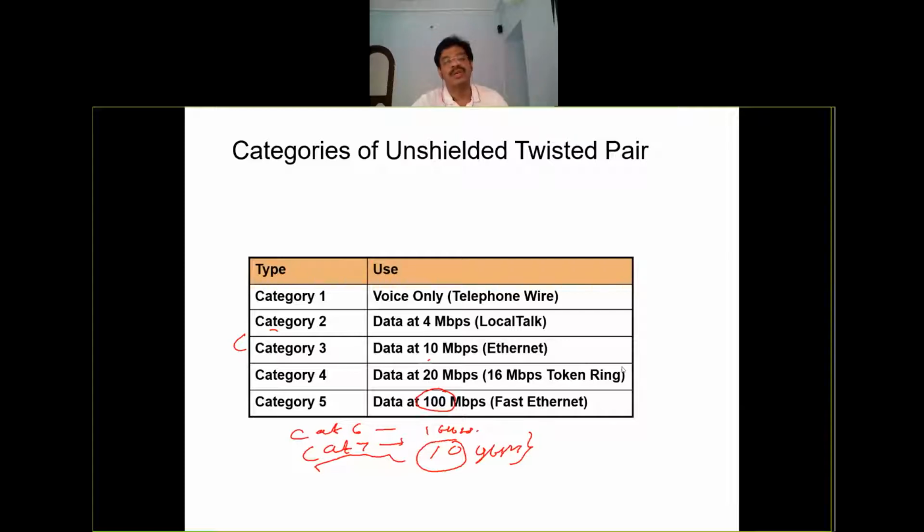The cost of these category 6 cables was reduced so that a common man can also afford them. Before that, category 5 was there for almost 20 years. Category 6 is still dominating, from 2004 to 2020.